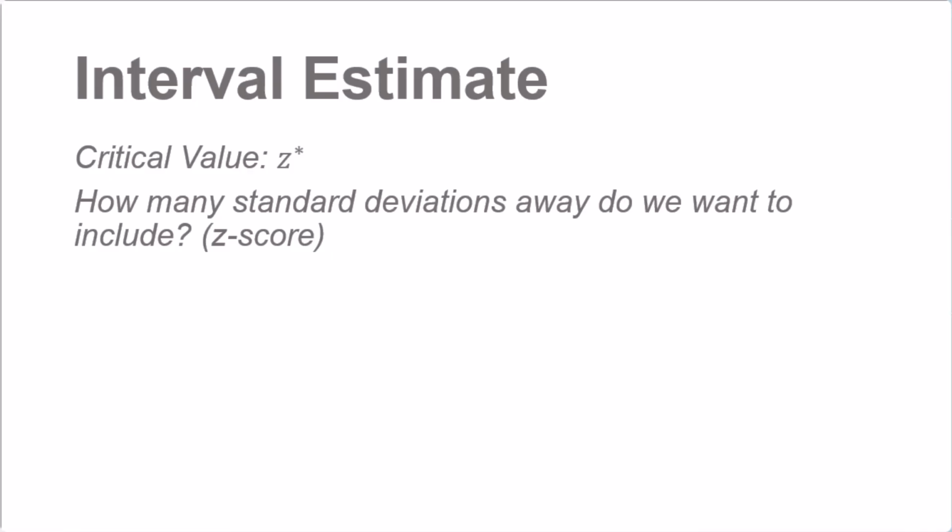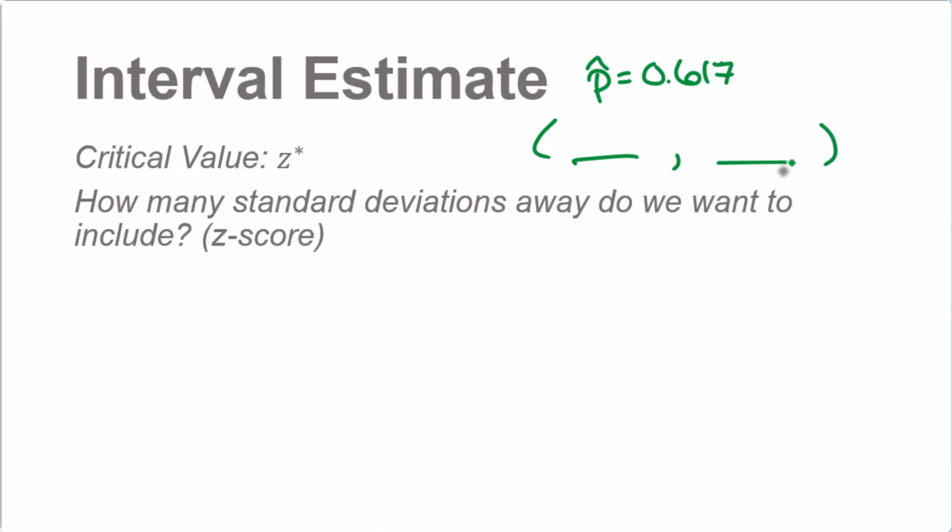And this critical value really represents how many standard deviations away we want to include. So we're going to do an interval estimate centered around that sample proportion, our p hat, which was about 0.617. But our interval estimate is going to be a little above 0.617 and a little below 0.617. Our interval estimate is going to be some range of values.